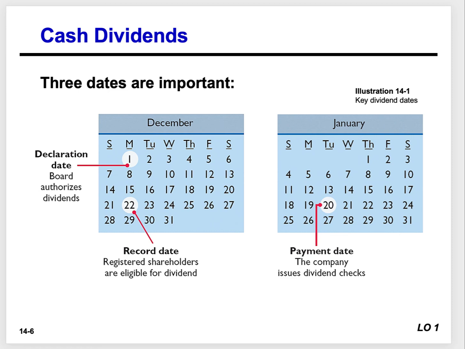Hopefully you remember the journal entry that we made on the declaration date. On the payment date, we just reverse that journal entry, meaning I debit dividends payable and I credit my cash.